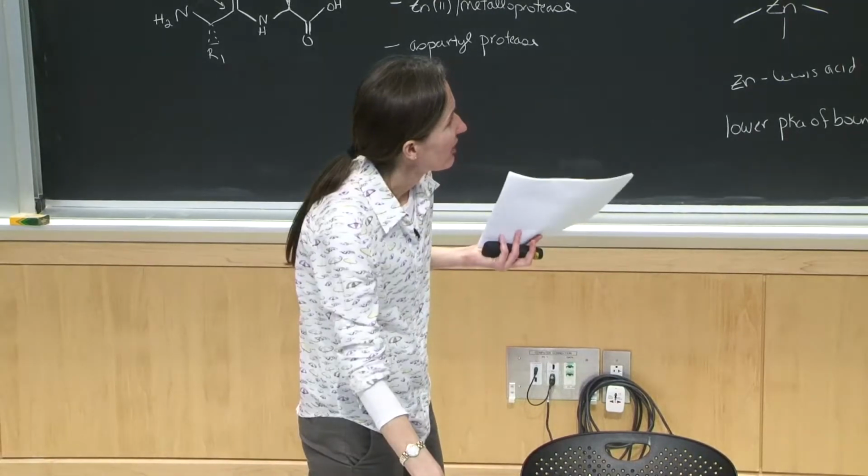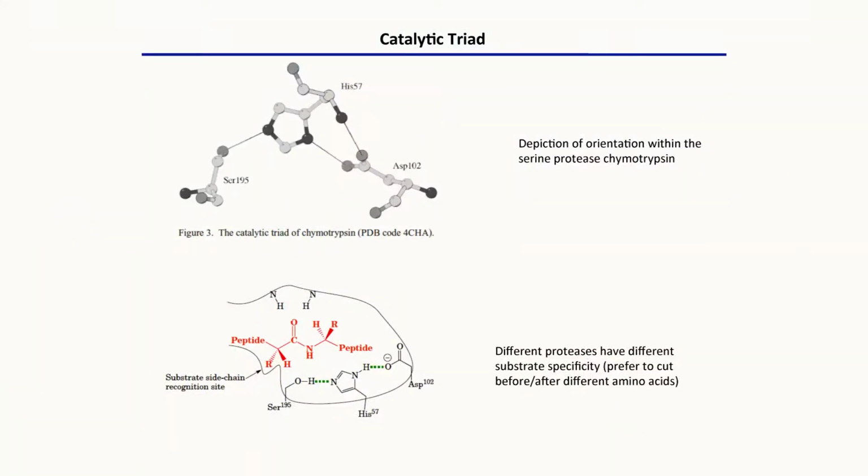If we just move beyond this cartoon form for a minute and just look at the catalytic triad from chymotrypsin, from a crystal structure, this is the orientation of the serine, histidine, and aspartate. And something to keep in mind is that different serine proteases, or different proteases in general, have different substrate specificities, which means they prefer to cut before or after a given type of amino acid, depending on the side chain. And this is just a cartoon depiction indicating that, here's the peptide, here's some side chain, and there's some recognition site here.